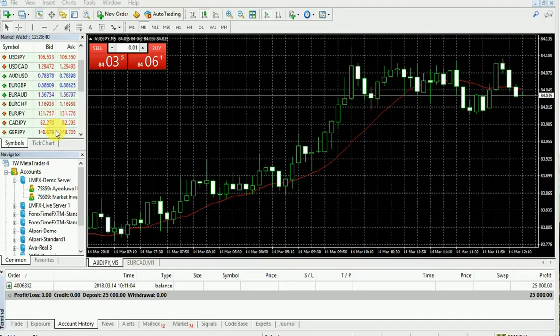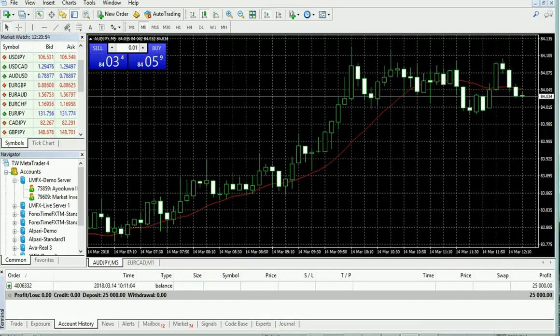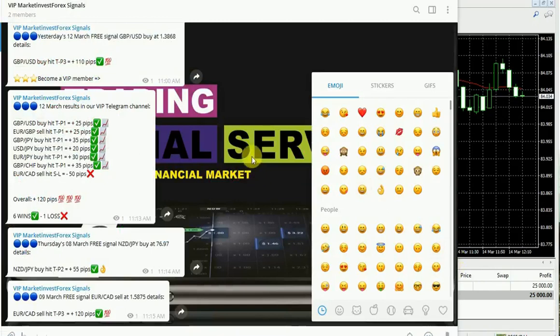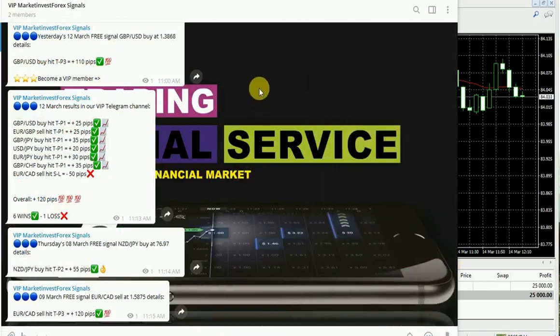We basically go back to our Telegram channel, and from there we receive the signals. Then we'll come back here to place the trade. So we're here, and we're waiting for the signal.